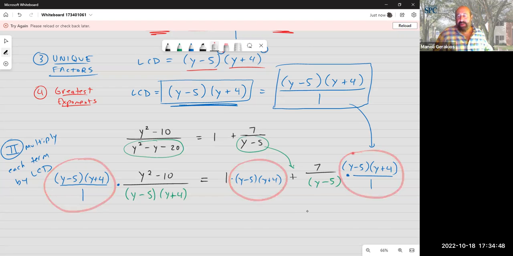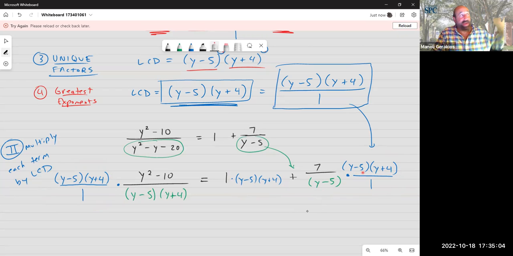It's especially apparent on this one. You know how this guy, y minus 5, already has that part of the LCD? If I was converting it to have the denominator of the LCD, the way we do when we add and subtract fractions, I'd only be multiplying it by y plus 4. This looks similar, but it's different. I'm multiplying by the entire LCD, not just the missing factor, the y plus 4.